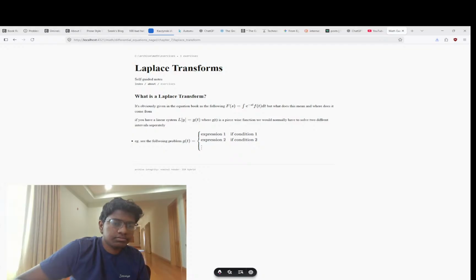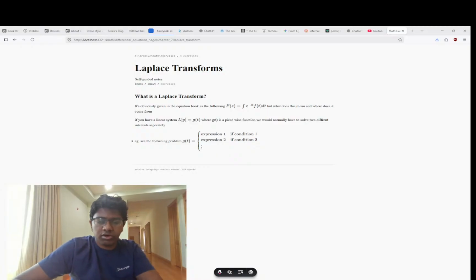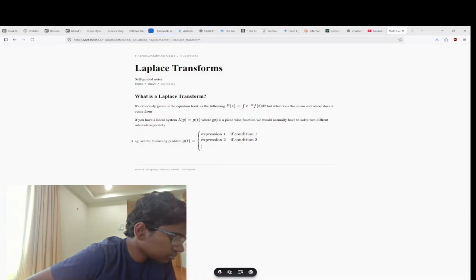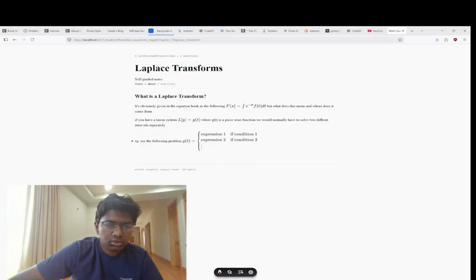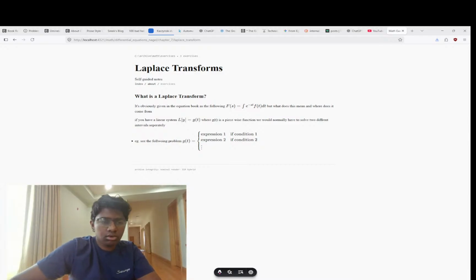So obviously, it's going to be equal to 2.4, let's say, and then if condition, and then change this to 1.2.